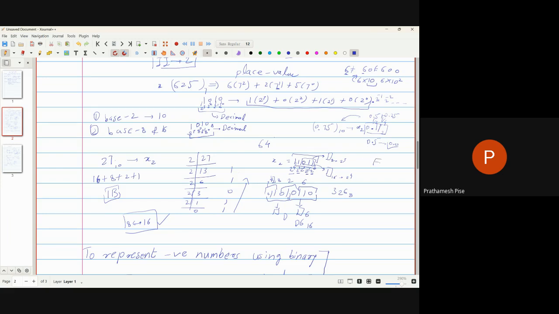If you have any curiosity, you can go and search for it. Fixed point, I guess you have learned about in programming in C, right, guys? Yes, sir. Fixed point representation and floating point. If you are curious, you can check how this is implemented in digital systems.